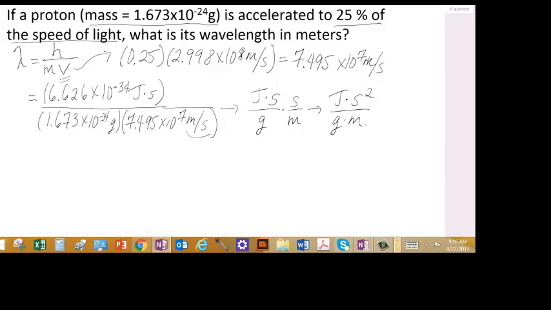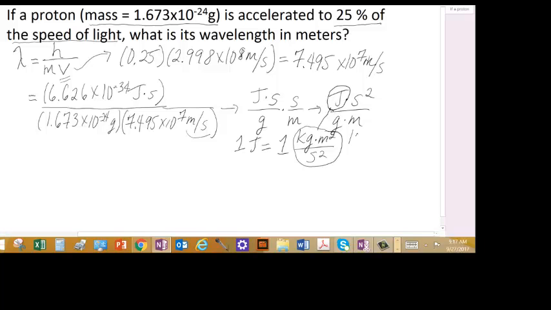The relationship we can use is that in 1 joule you have 1 kilogram meters squared per second squared. So what you can do is plug this in for the joule and make sure that the units work out.